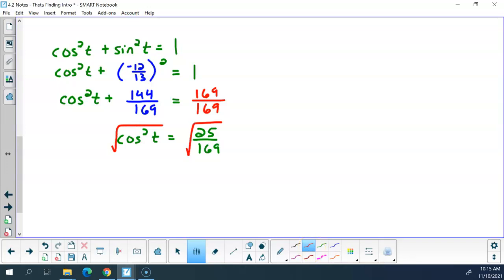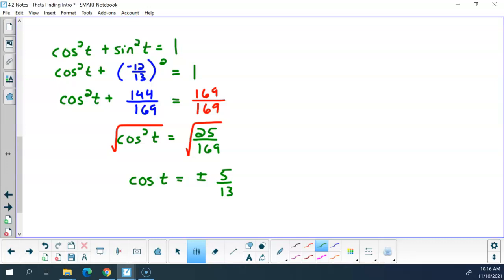Do we agree with 5/13? Yes? 100%? Jackson, what do you got? Love it. Okay? Plus or minus. For 2 reasons, we've got a plus or minus there. First reason is we're solving and we're square rooting, so that tells us automatically bring in the plus or minus.